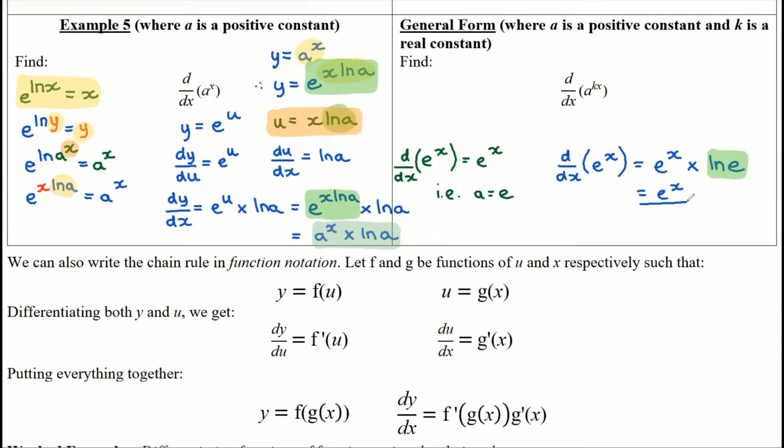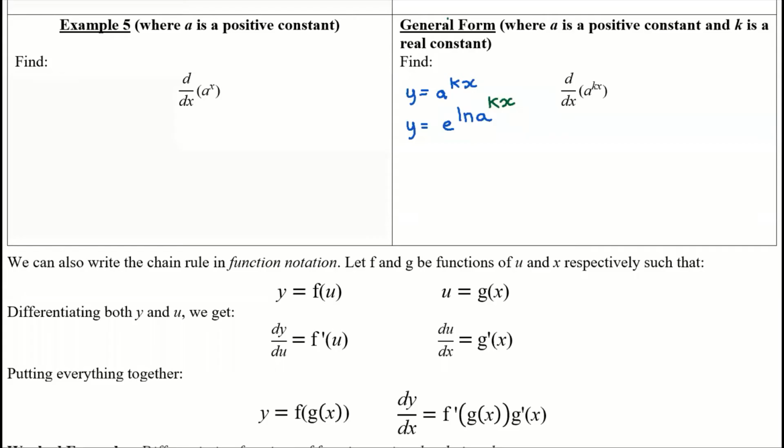So again, as an exercise, see if you can differentiate a to the kx. And let's see what the result is in a moment. Okay, and just to conclude this, I've just started off with y as a to the kx this time, and using the inverse functions e and log, which essentially cancel each other out, I can now write y as e to the natural log of a raised in turn to the power kx.